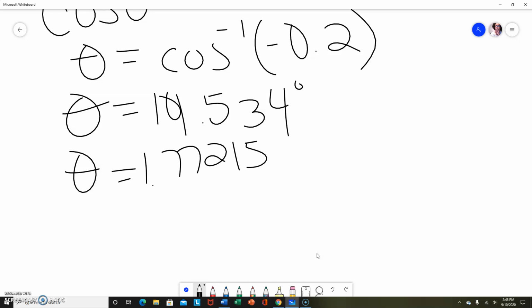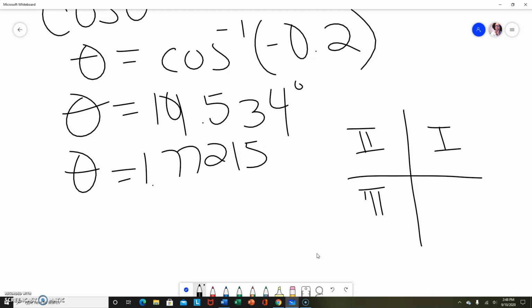So now thinking about cosine, we have our quadrants. We have quadrant 1, quadrant 2, quadrant 3, and quadrant 4. Now remember, the calculator only gives us our answers in the first and the second quadrant. So if we have answers in the other quadrant, then we have to calculate those answers.